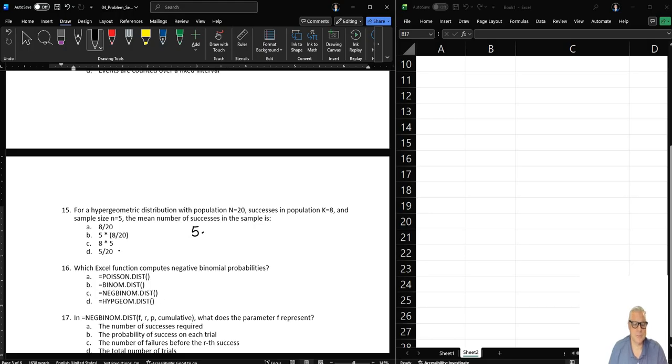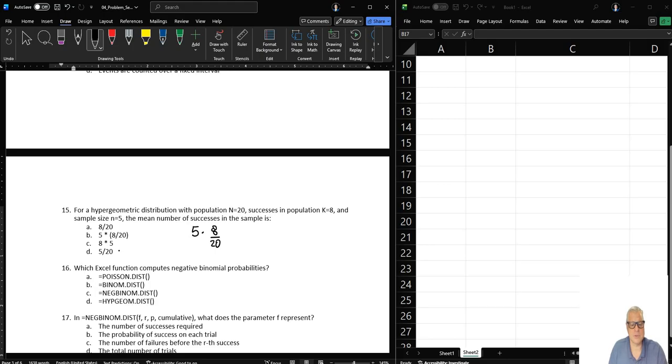So in the hypergeometric distribution, we have no replacement. So we draw 5. In the first one, we definitely have a probability that we get 1, which is 8 over 20. So that should be correct.